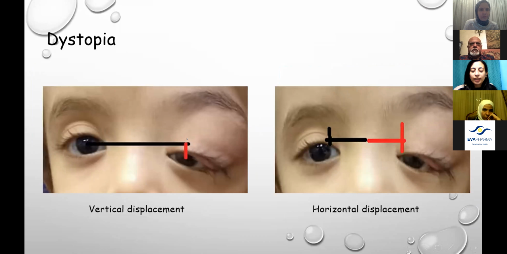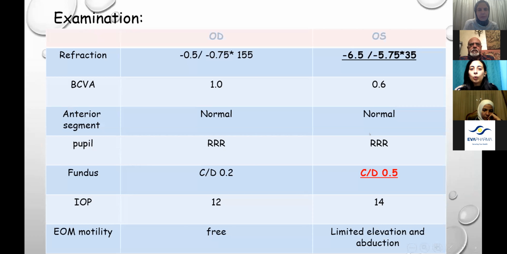Regarding the dystopia, she has an infranasal displacement, a vertical inferior displacement of about 7 millimeters, and nasal displacement of about 3 millimeters. When we did the ophthalmic examination, she has a significant anisometropia. She has myopia in the left eye and myopic astigmatism of -5.75 with oblique axis.